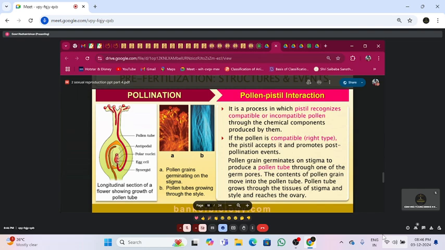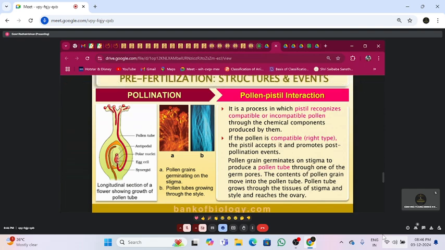So the pistil accepts it and promotes post-pollination events. The pollen grain germinates on the stigma to produce a pollen tube. You can see here, the pollen tube goes through the filiform apparatus into the synergids. When it goes to the synergids, the male gametes are released.